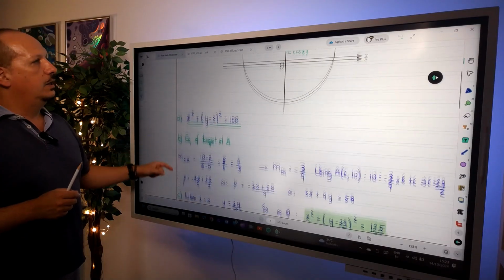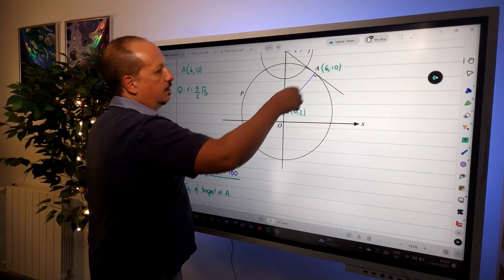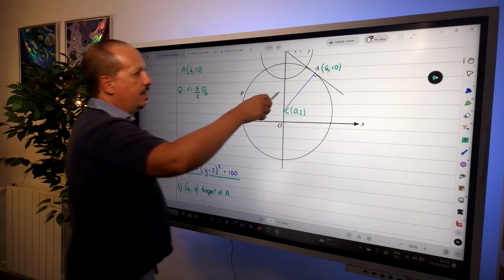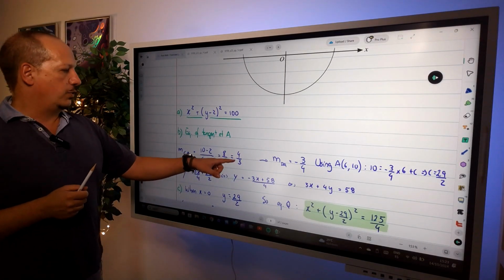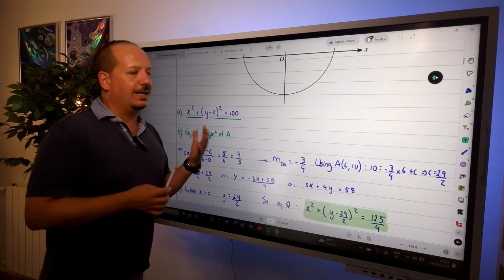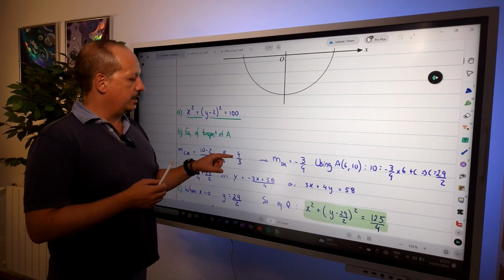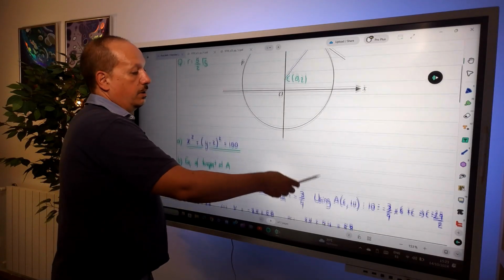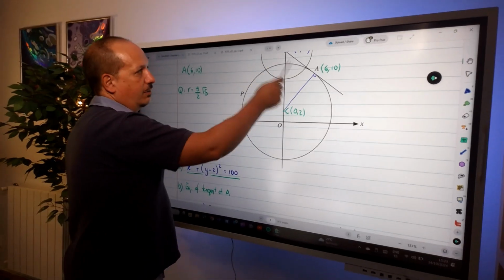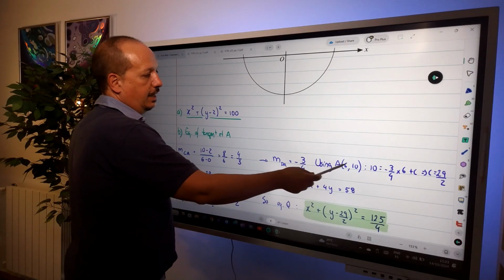So first of all, I got the gradient of line CA because I have the coordinates of both. And the gradient of that one is 4/3, which means that the gradient of the line that I want is minus 3 over 4. Using the coordinates of point A, I can get the full equation of that line.